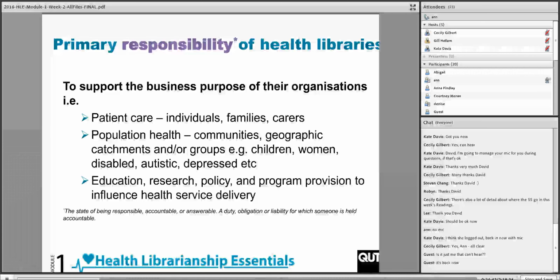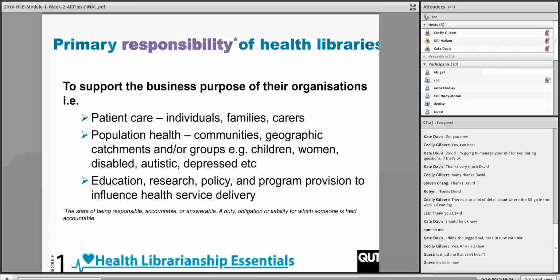So your focus might be on children, you know, a children's hospital, for example, or a children's research institute, or it might be on women or disabled or autistic or depressed, all these different categories of clients that come in groups, or it might be the whole state of Victoria, whatever.